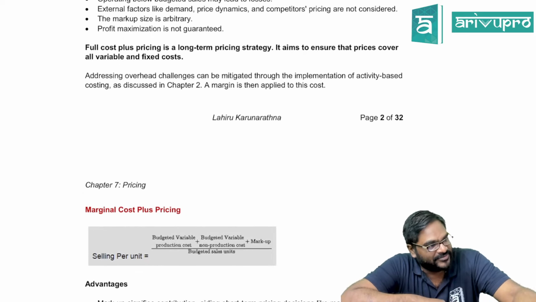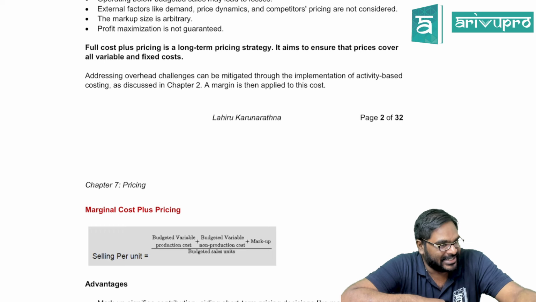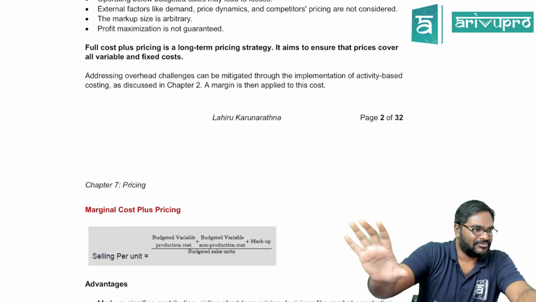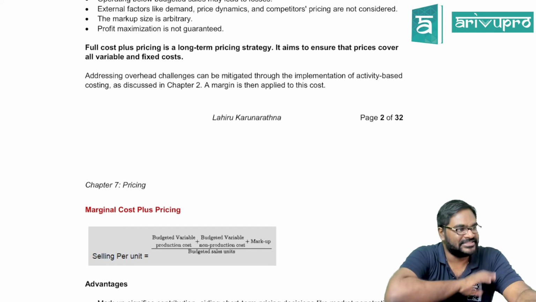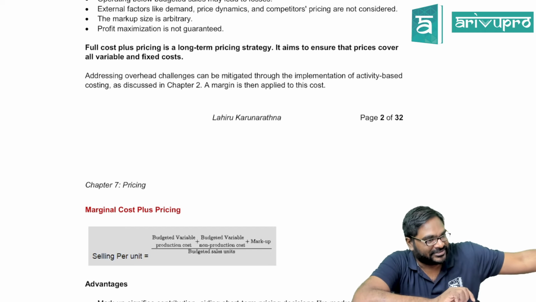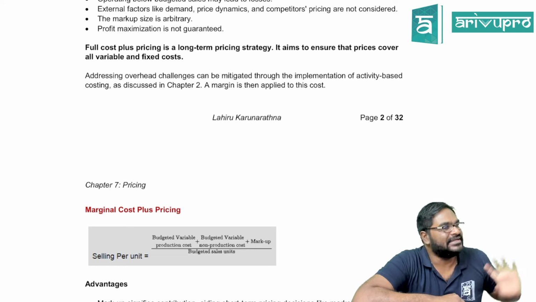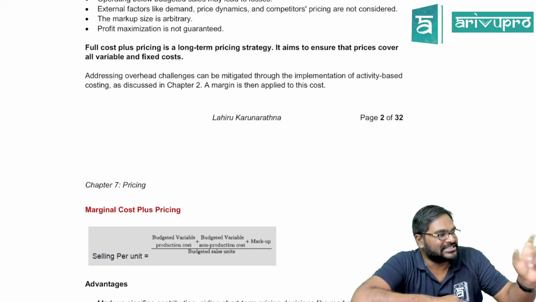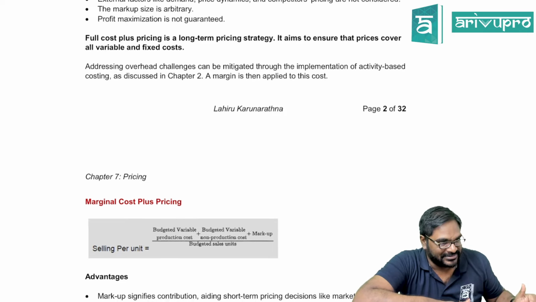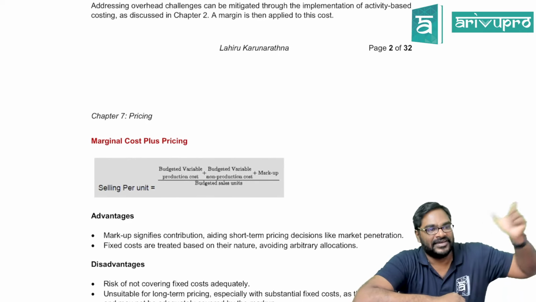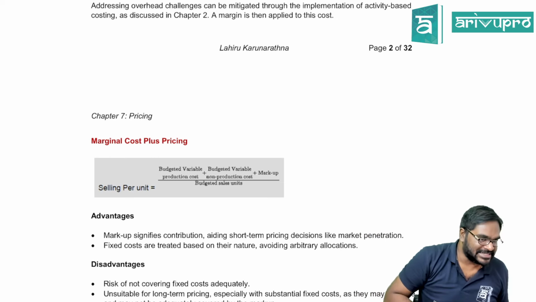So the cost absorption we do based on the activities. Again, we calculate the full cost, but not on the absorption method, but on the ABC method. So based on the cost drivers, we absorb the cost now. The same formula will continue though, but the cost numbers might change. Are we clear?